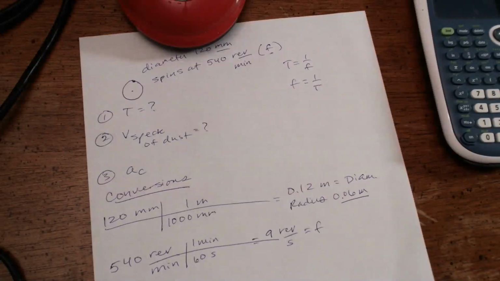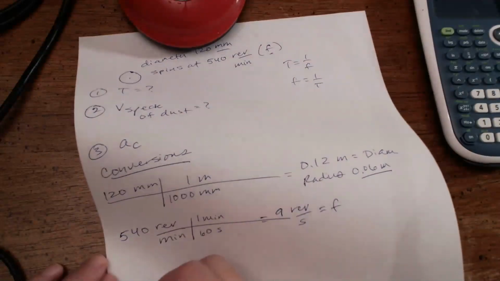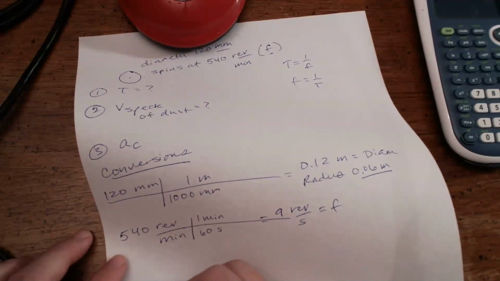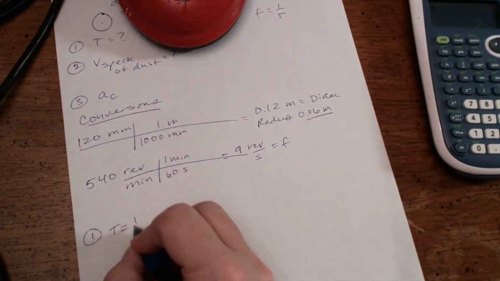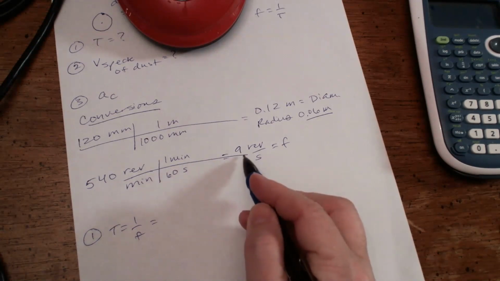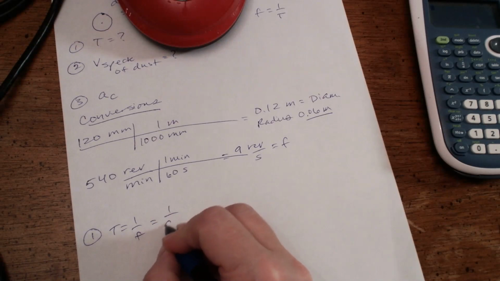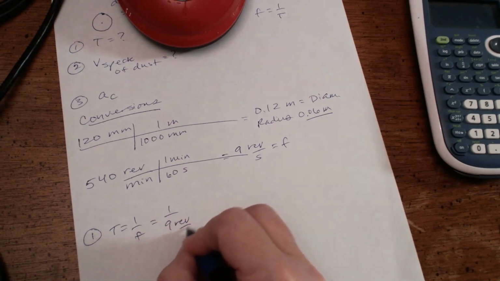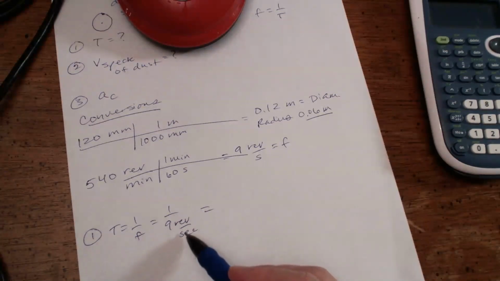Okay, so my first step is period. How can I get that? So remember that period is 1 over frequency. And I know I just converted this, so I know my frequency is 9 revolutions per second. So I'm going to have 1 over 9 revolutions per second. So when I divide this out, these units are going to flip.